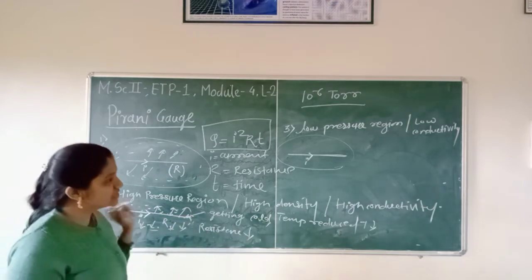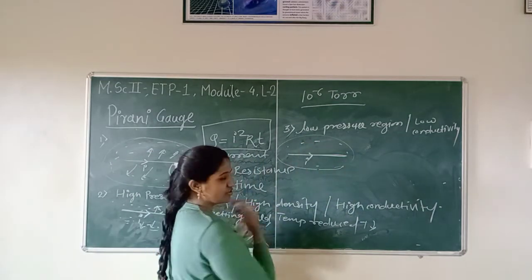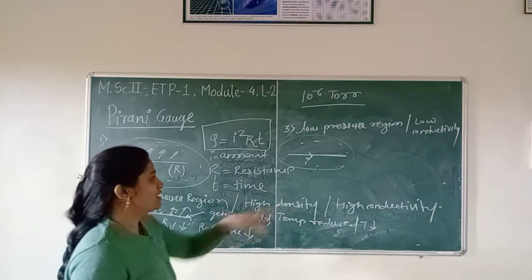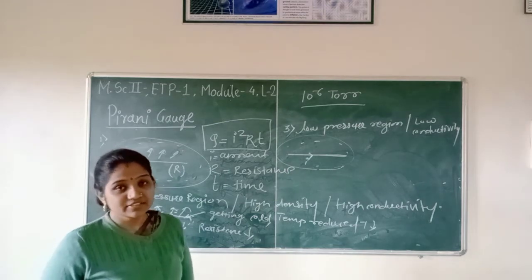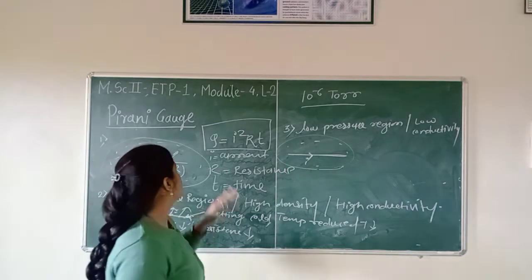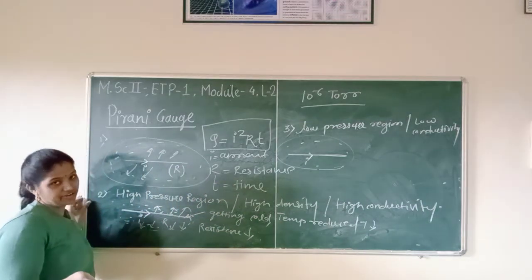Understand, students? Now see here, if there is a low pressure region, the number of molecules is smaller as compared to this one, and due to that there is low thermal conductivity. Clear? Now see here, these are the three basic points for thermal conductivity.